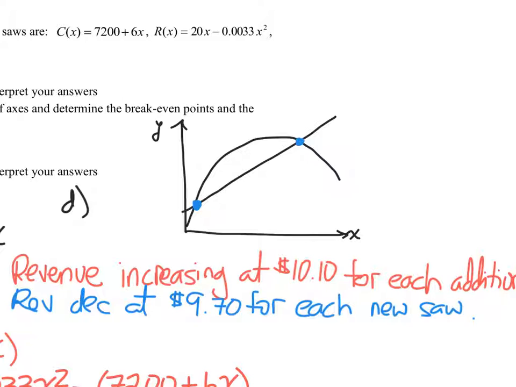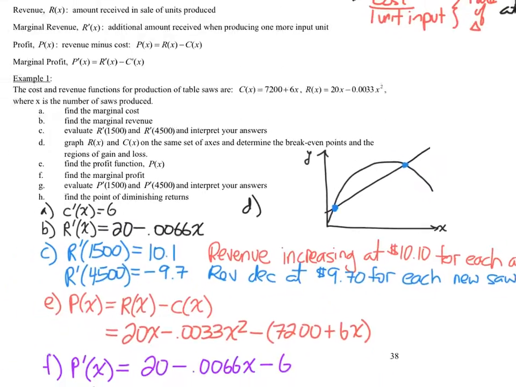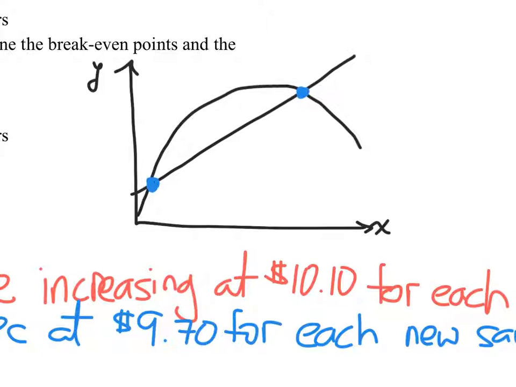Scroll to the first intersection and hit enter, enter, enter. So you get about, I mean, I only need the X values at this point, I think. Take a look. And the regions of gain and loss.